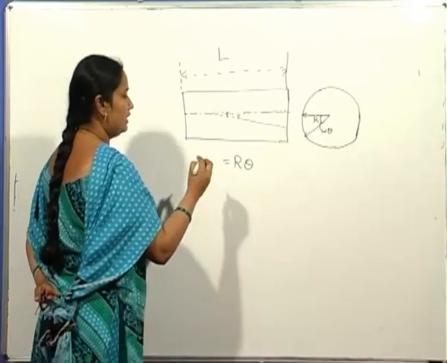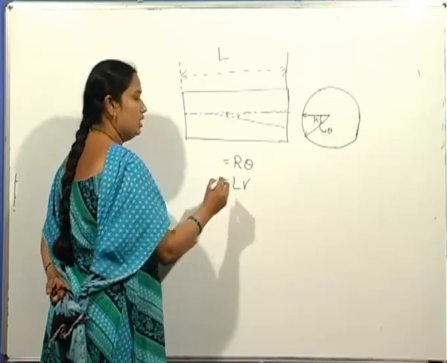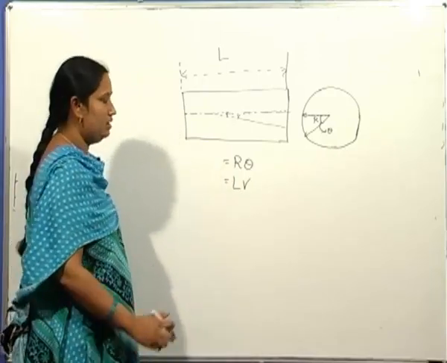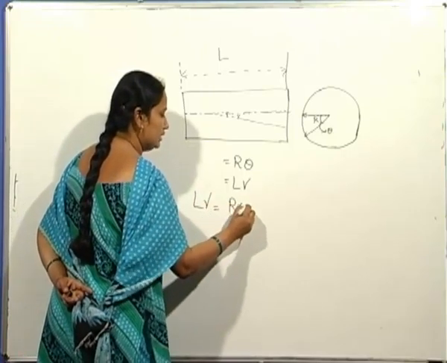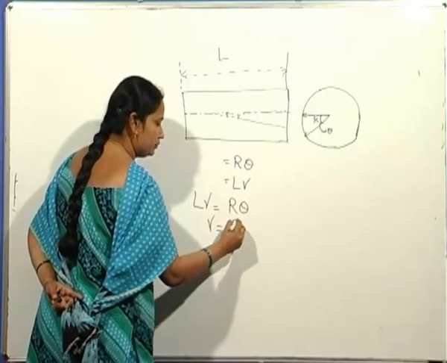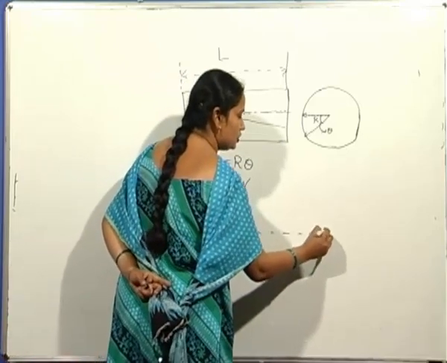So the length of the arc is equal to L gamma. Assuming that both the lengths of arcs are equal, we have L gamma is equal to r theta. So from this we have gamma is equal to r theta by L. So this is equation 1.